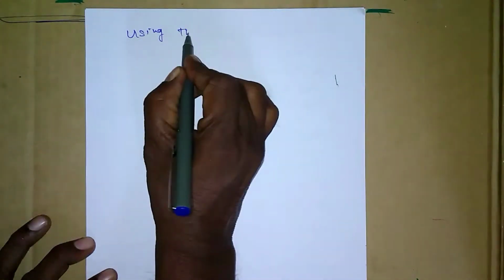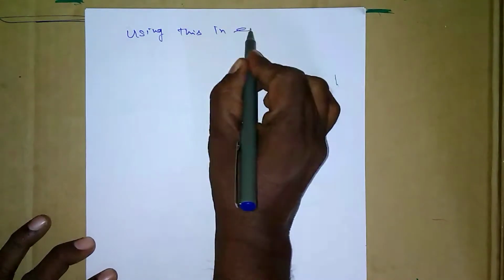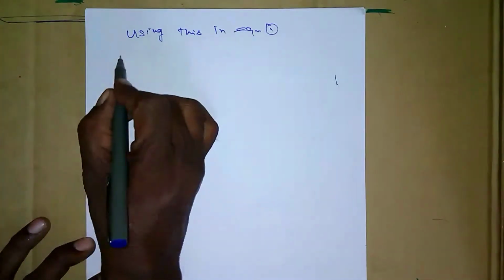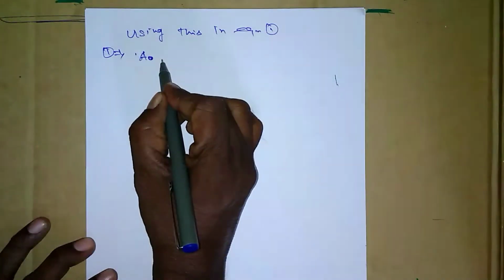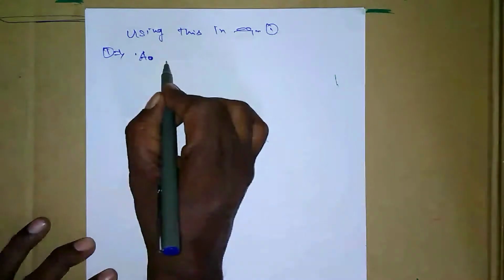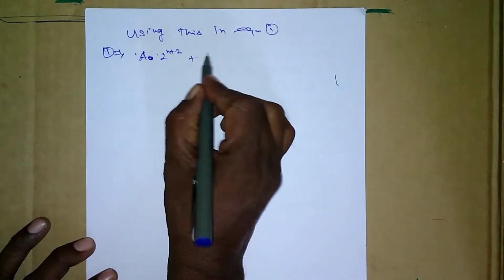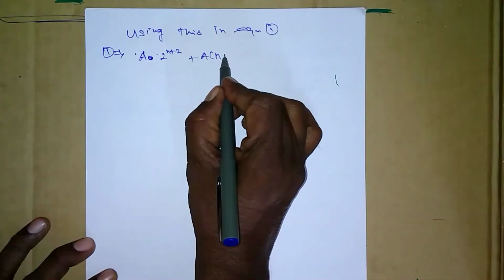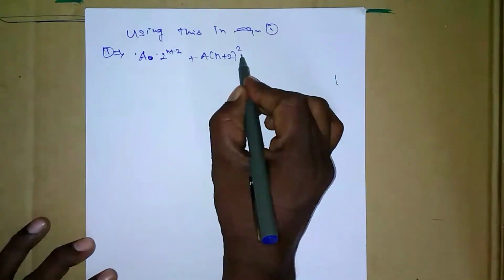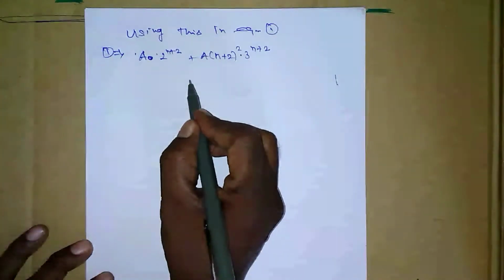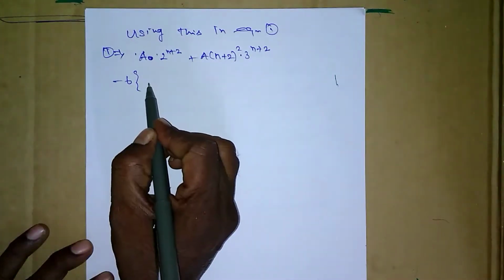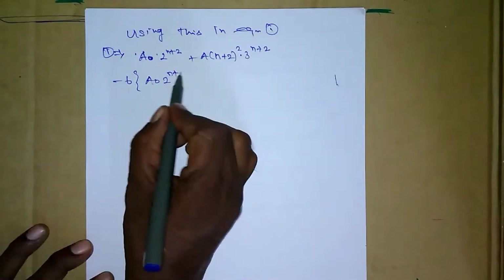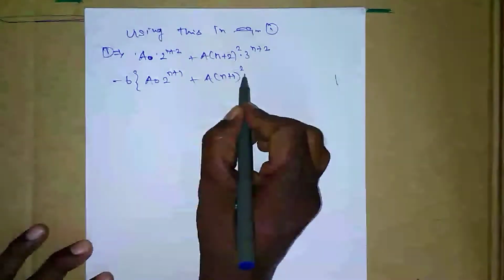Using this particular solution in equation number 1, we get a0 into 2 power n plus 2 plus a1 into n plus 2 whole square into 3 power n plus 2, plus minus 6 into a0 2 power n plus 1 plus a1 into n plus 1 whole square into 3 power n plus 1.